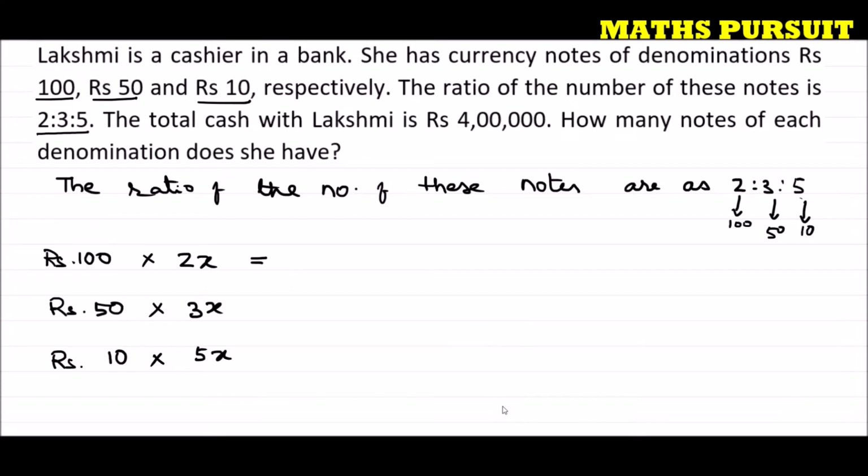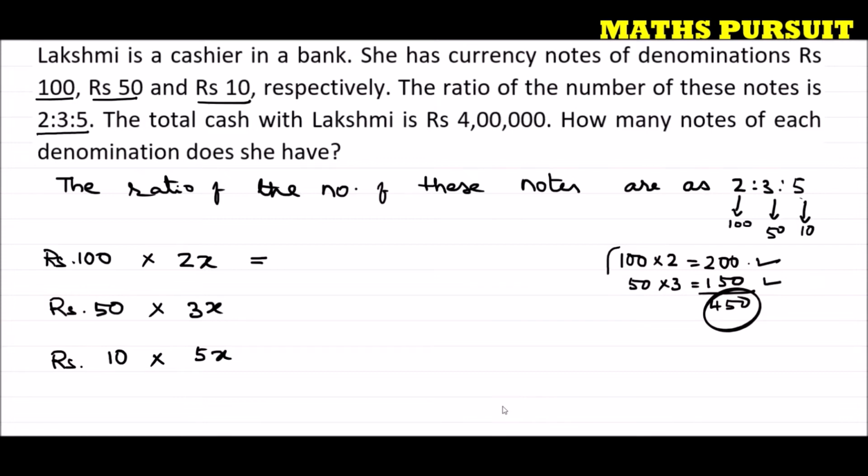For example, if I am having 2 notes of 100 rupees, then I am getting 200. If I am having 3 notes of 50 rupees, then I am getting 150. So altogether I am having 450, out of which 200 is from rupees 100 and 150 is from rupees 50.